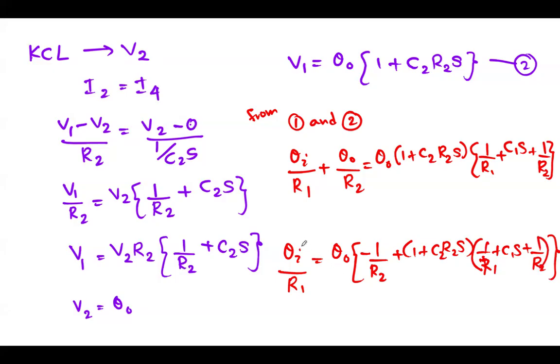Then you can see we can get a relationship between theta I and theta naught. Now I will write theta naught over theta I.